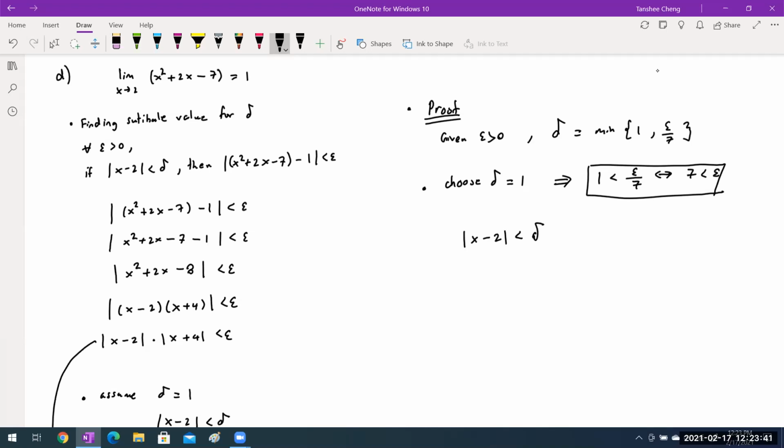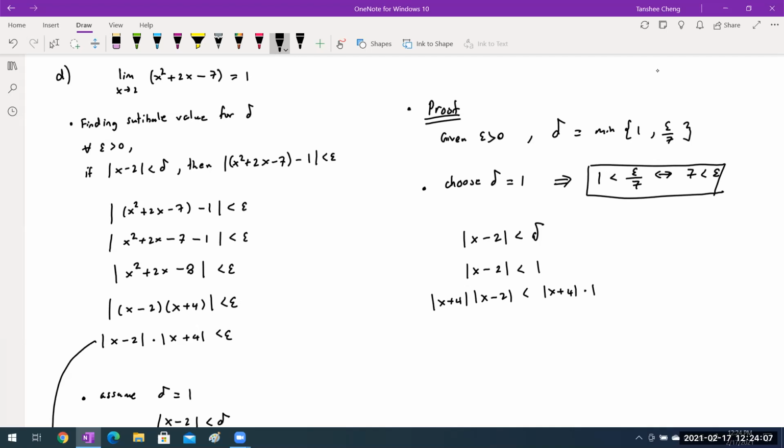And our goal is to reach the quadratic case. So this is basically going to tell us absolute value of x minus 2 is less than 1. And that implies I can multiply both sides by absolute value of x plus 4. Multiplying by positive numbers is perfectly fine.